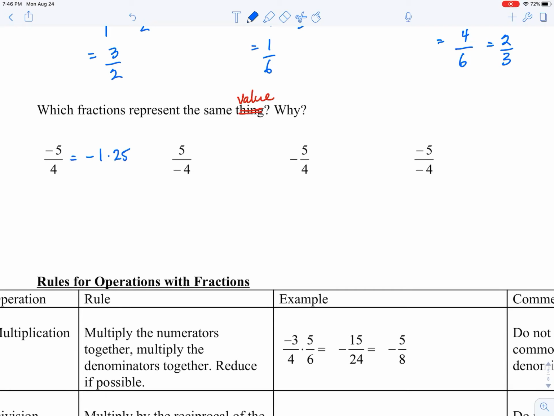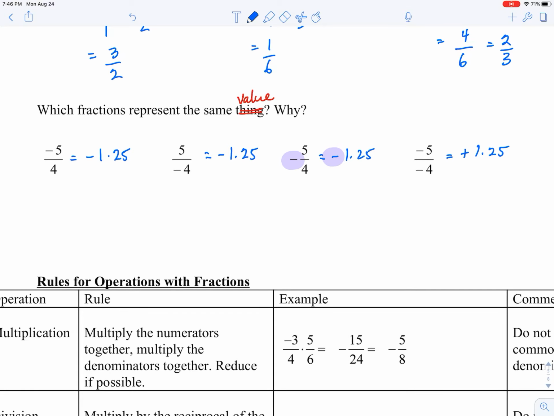And if I do 5 divided by -4, that's the same. It's -1.25. And then this question is saying, I've got a negative sign out front, so it's going to stay out front, negative. And 5 divided by 4 is 1.25. Here I've got -5 divided by -4, so that's going to give me positive 1.25.